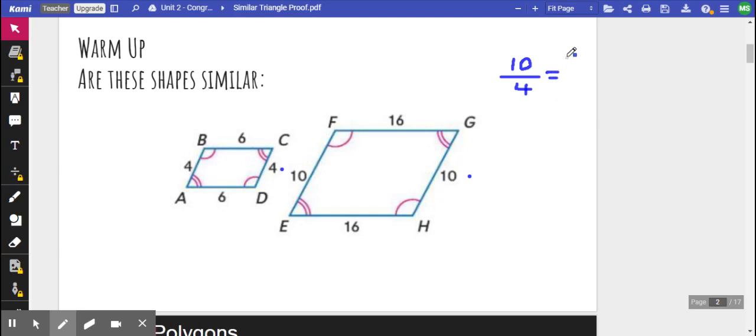So if I go down to the top side, I would have 16 over 6. And then I would go to 10 over 4. And then I would go to 16 over 6 again after that.